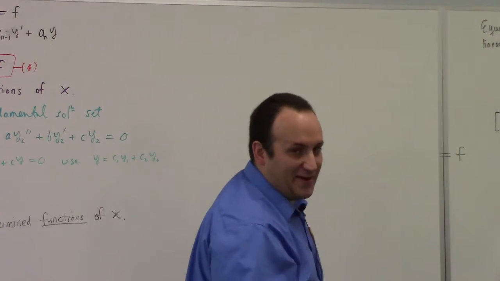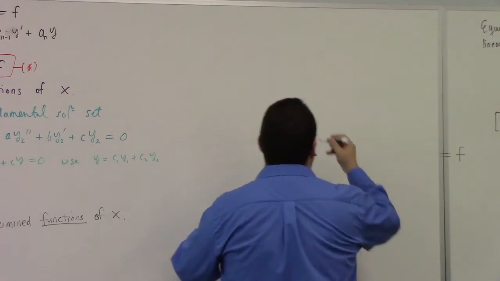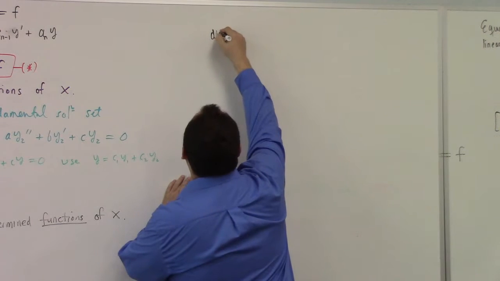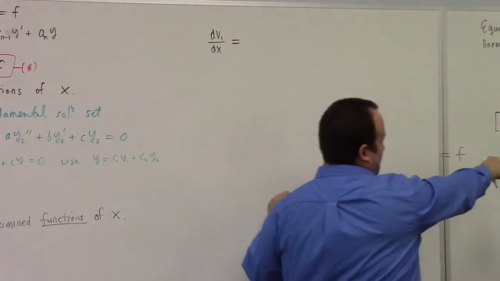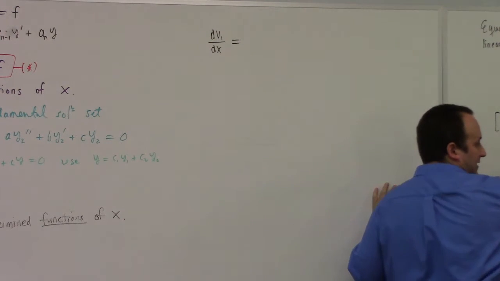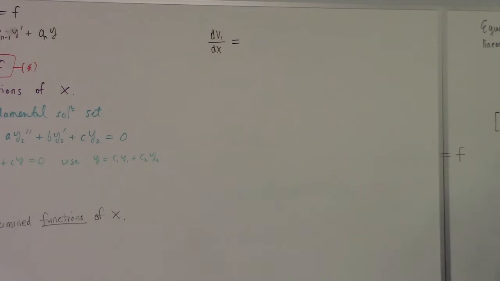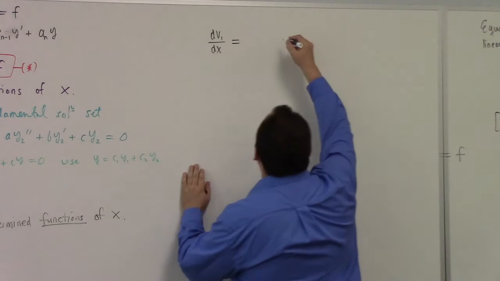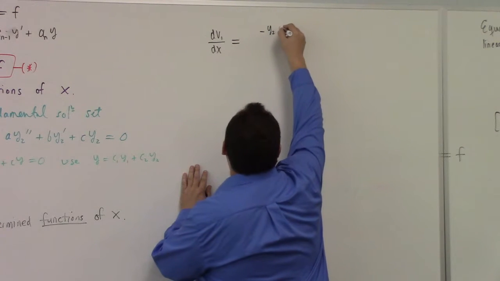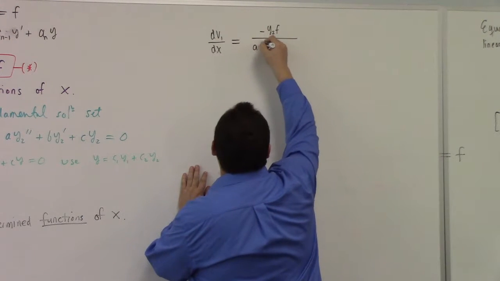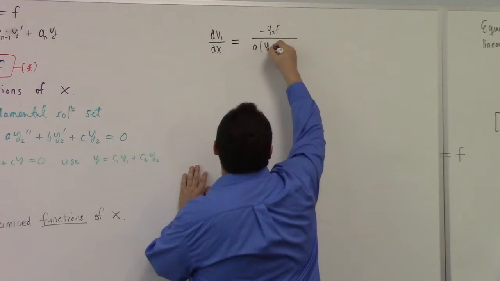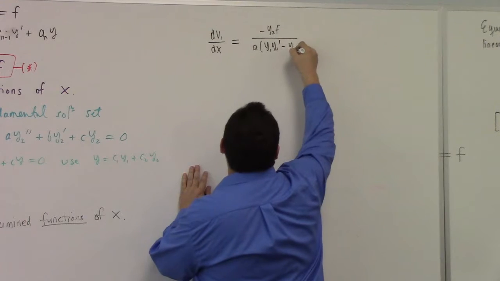Don't worry, I will not write out the nth order derivation. I should try to go somewhat slow through this. So dv1/dx equals what? That's this, dv1/dx. It equals the first component over here, which is what? It's minus y2 f over a, right? I'll put the a down here, and then I'll multiply by the Wronskian, y1 y2 prime minus y2 y1 prime.